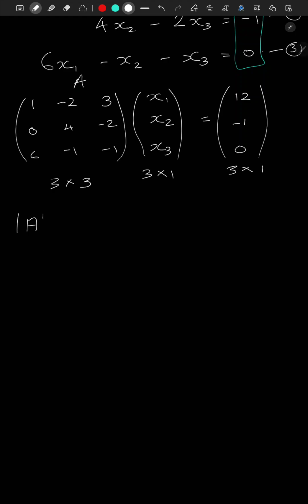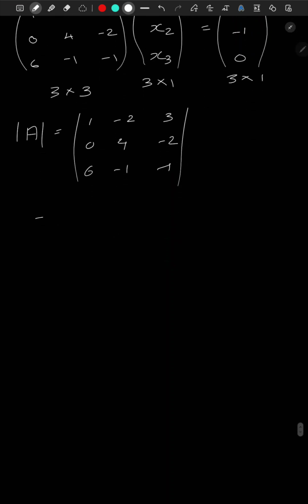So let's find the determinant of A, which is 1, minus 2, 3, 0, 4, 2, 6, minus 1, minus 1. First of all, we take the first one, which is 1, times the determinant of 4, minus 2, minus 1, minus 1, minus 2.